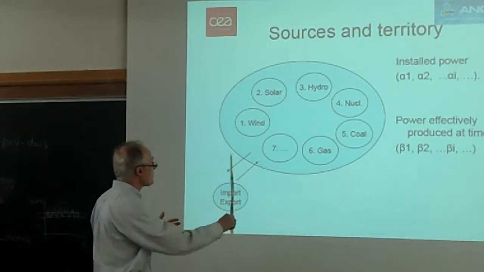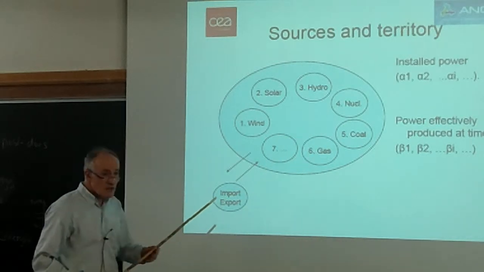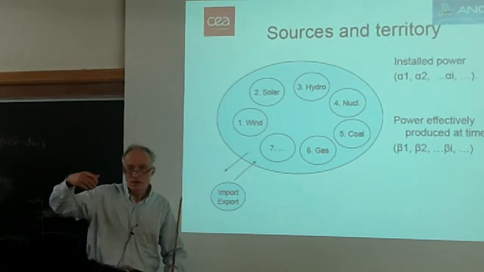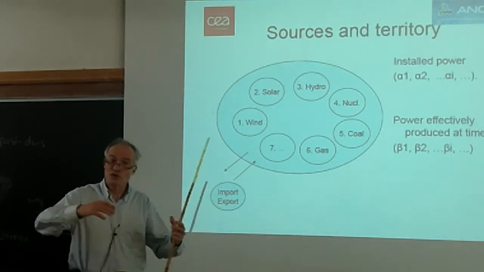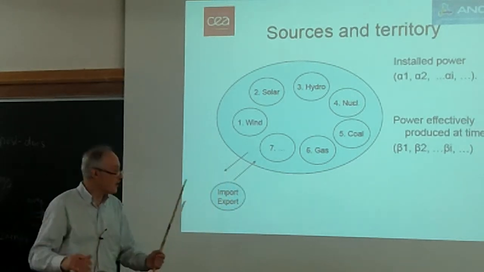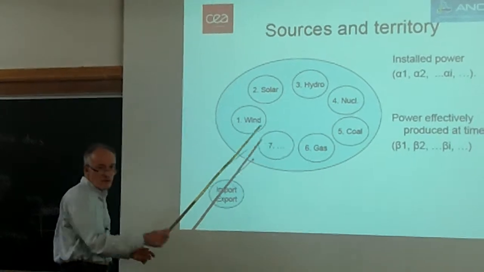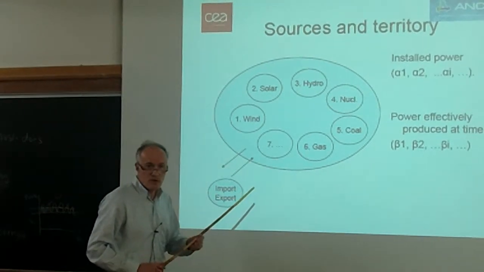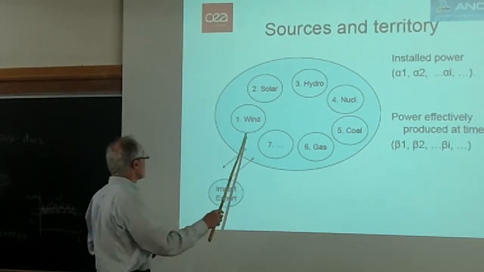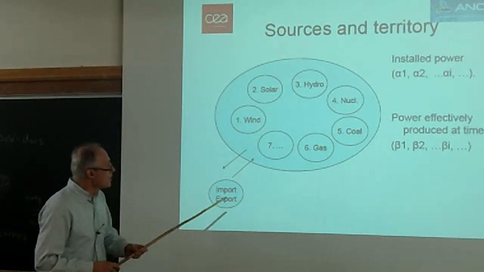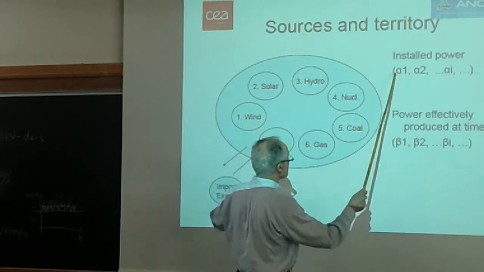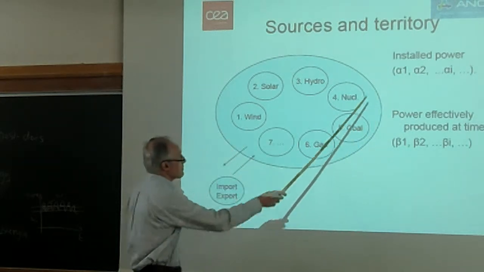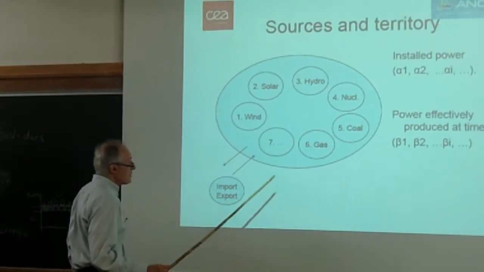You have a territory. This territory may be a city, it may be a region, it may be a country, it may be a continent. We do not specify. On this territory you have sources of power, wind, solar, hydro, and so on, with a given power installed for each source in megawatts.